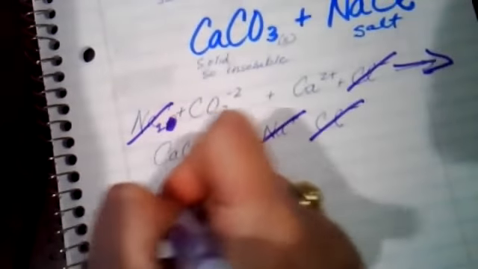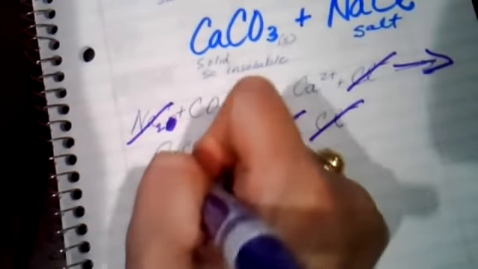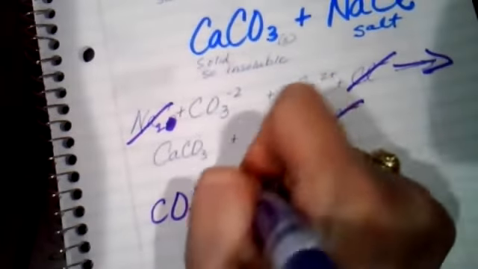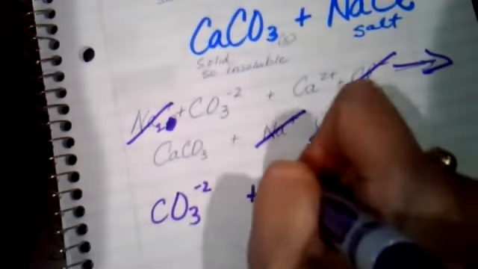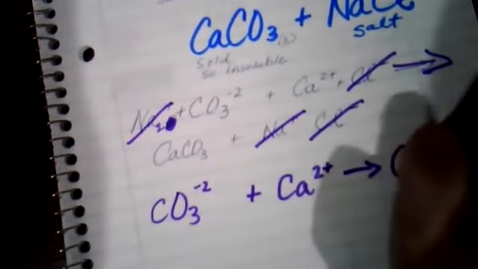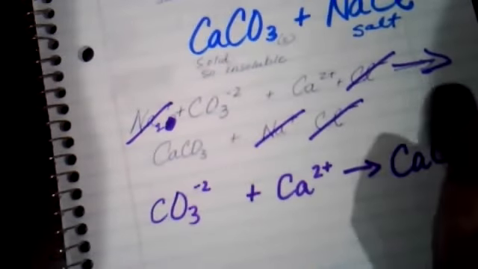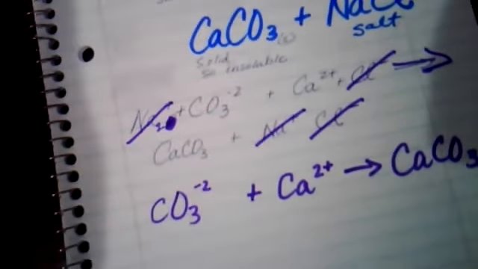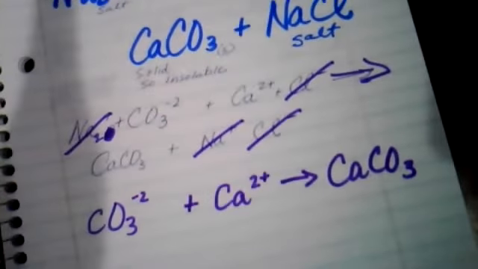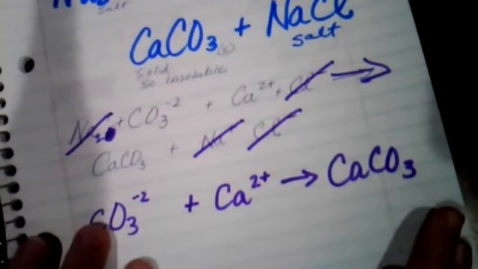You're left with CO3 2-, and you want to leave the ions on them, plus Ca2+, and this goes to this insoluble salt or solid. It's not a salt. So that's what you end up with as your net ionic equation. Okay, I don't know if you could see it. All right, so that's the first one.